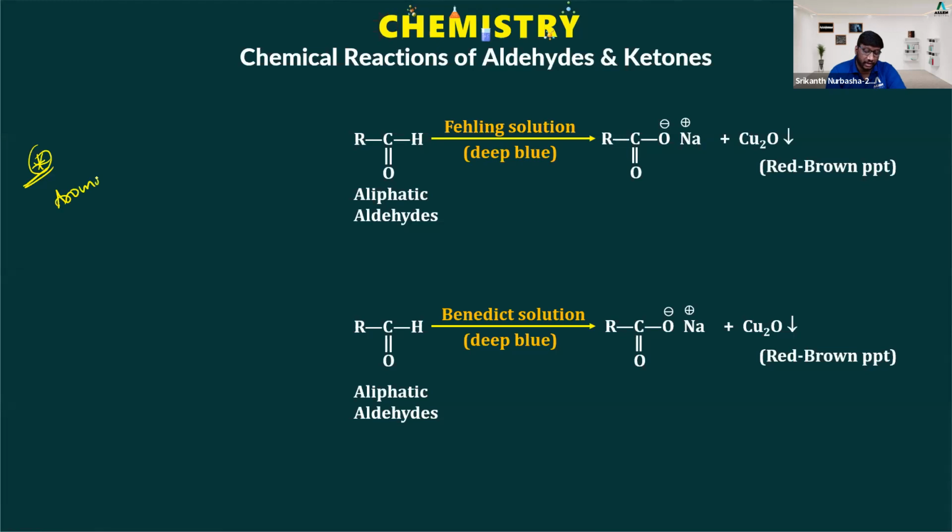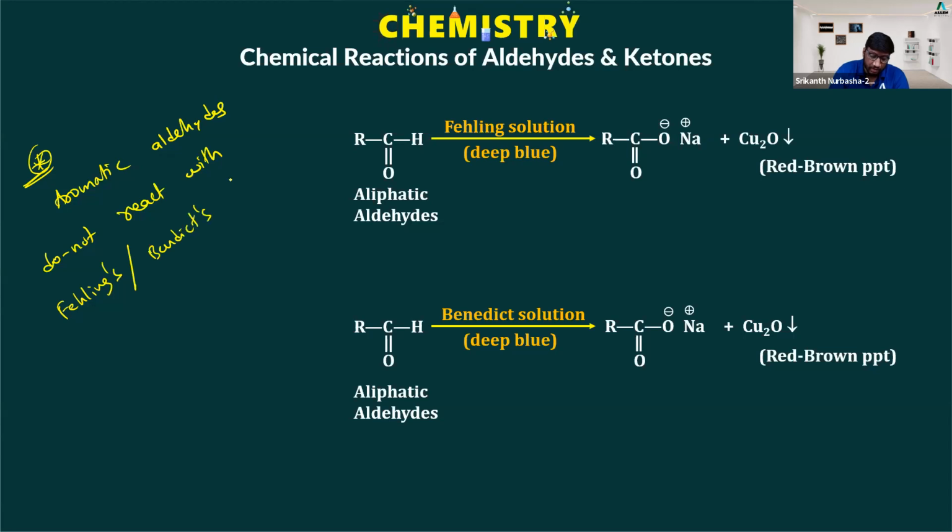That means aromatic aldehydes like benzaldehyde and different other substituted benzaldehydes do not react to Fehling's or Benedict's test due to the more alkaline nature of these reagents.